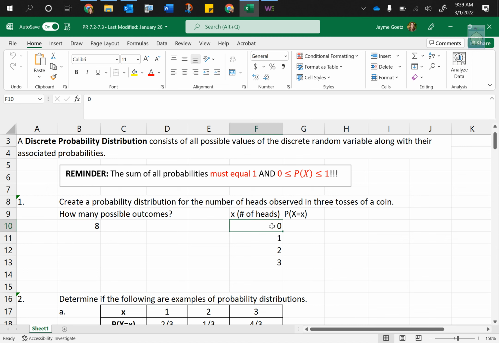Now, out of those 8 possible outcomes, how many ways could I flip the coin and get 0 heads? 1. What was that outcome? Do you guys remember that sample space?